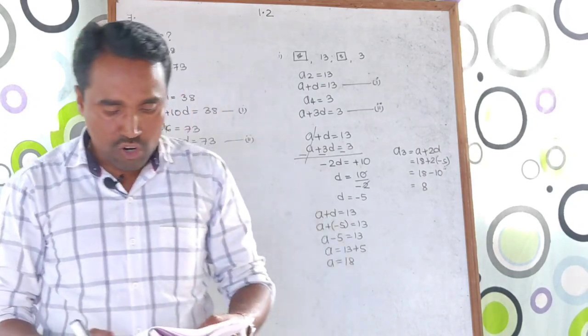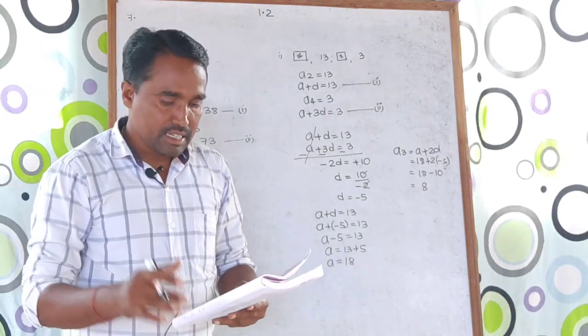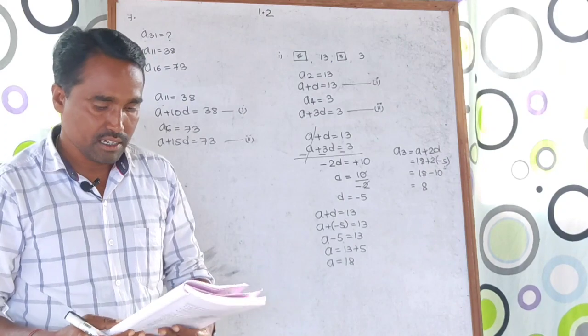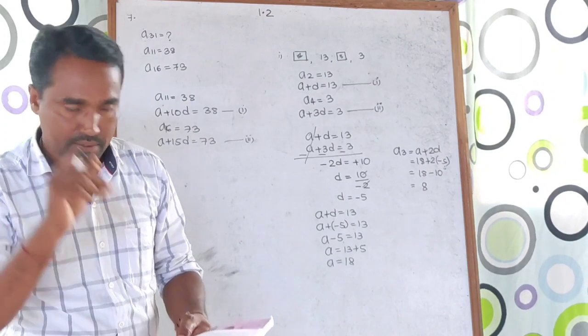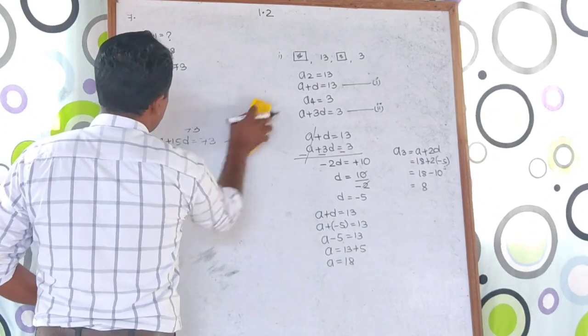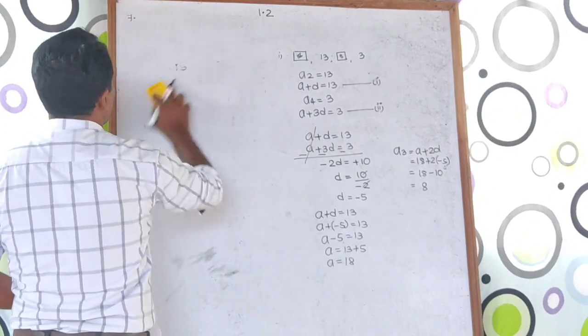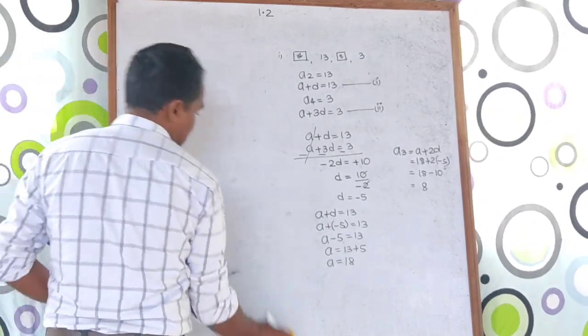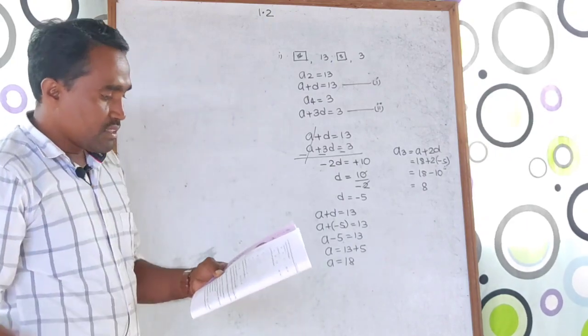Here, if we talk about a different kind of question, take question number 10. This is a little bit different compared to the last few questions, but still we will follow the same pattern.